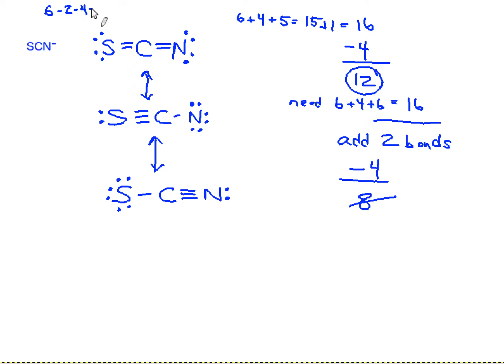And so in this case, this sulfur has a formal charge of 0. This carbon, if you did the work, would have a formal charge of 0 also. 4 valence electrons minus 4 bonds. And this nitrogen over here, without even calculating it, must be a -1 formal charge.